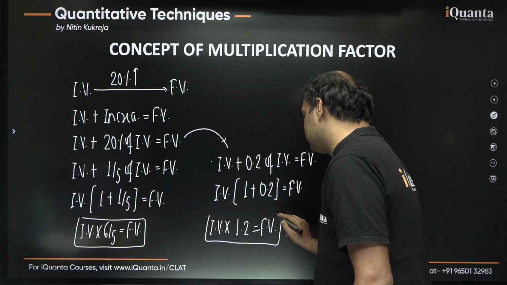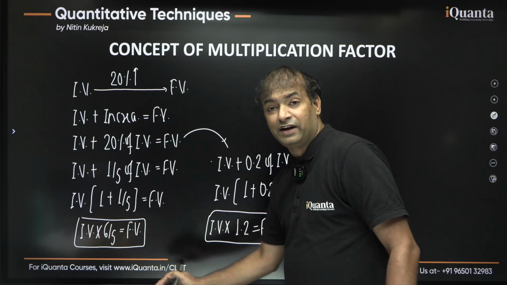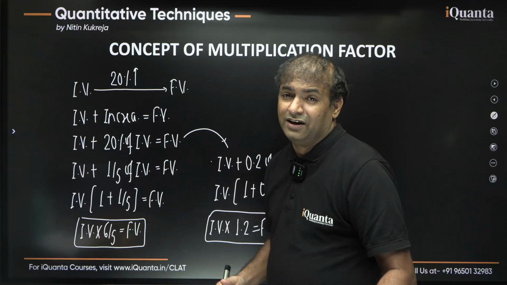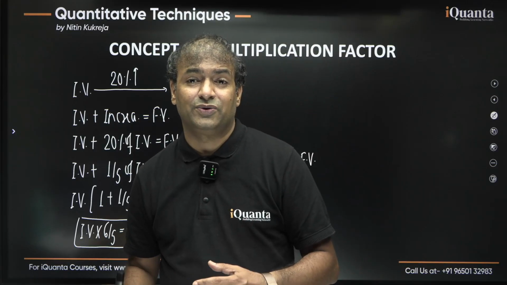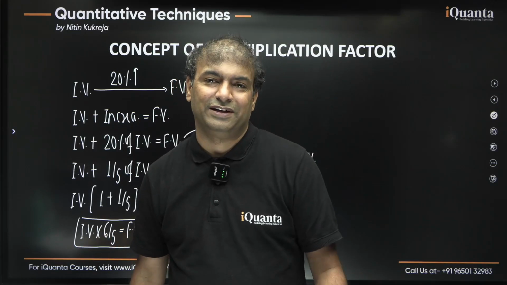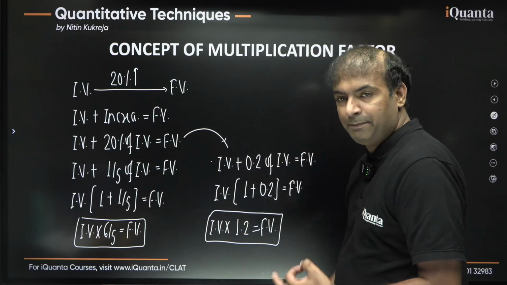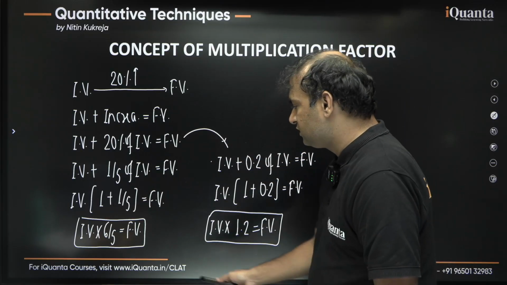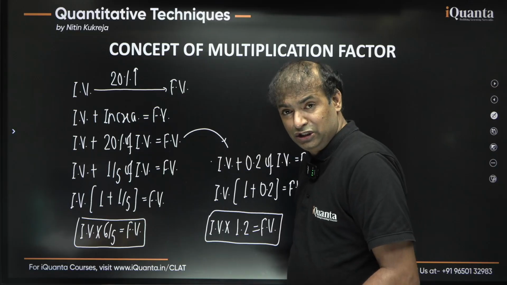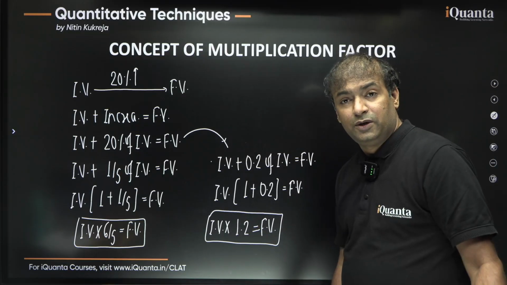Okay, so guys, whether you call it 6 by 5 or you call it 1.2, they are actually called the multiplication factor, right? So what is this exactly? If you understand what is happening, multiplication factor is something which is multiplied to the initial value to get the final value in the end, right?